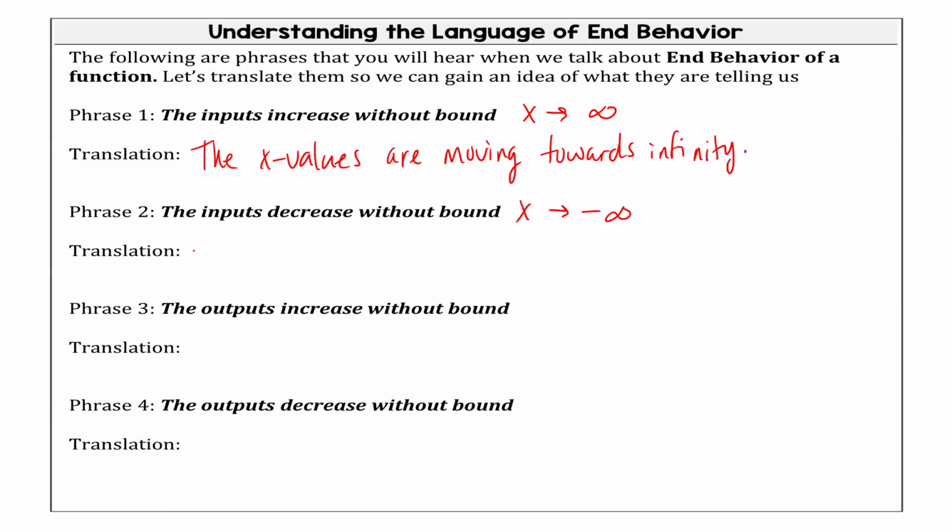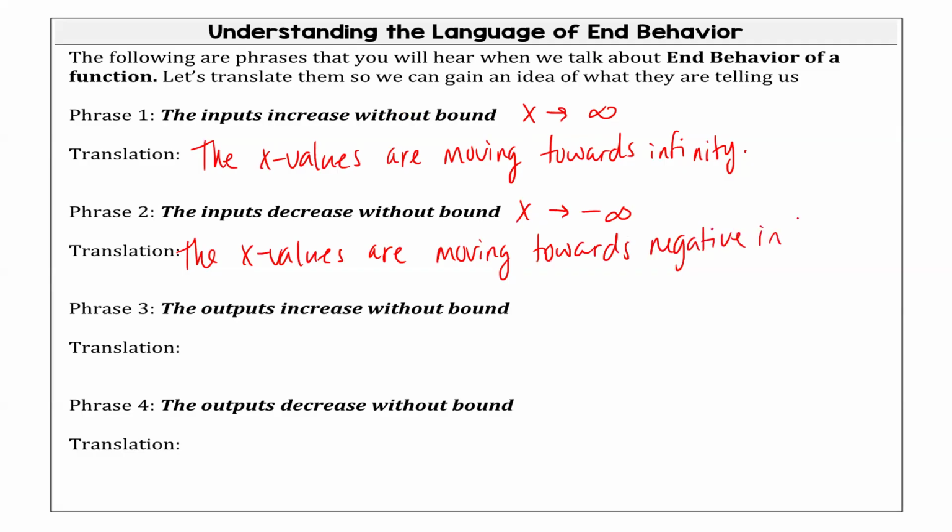So in words, that means the x values are moving towards negative infinity. A lot of times it's not that you don't know how to do things, it's the words that get you jumbled up. Does that make sense? So we want to make sure that the vocabulary isn't our downfall.